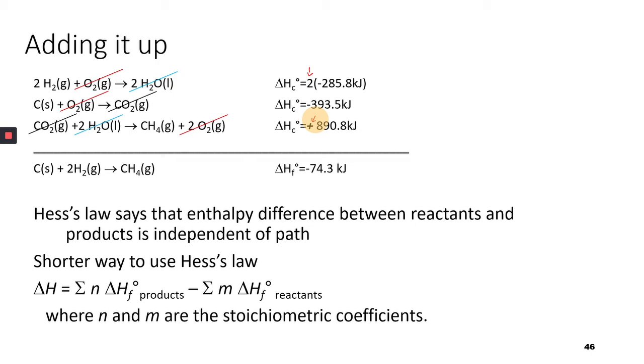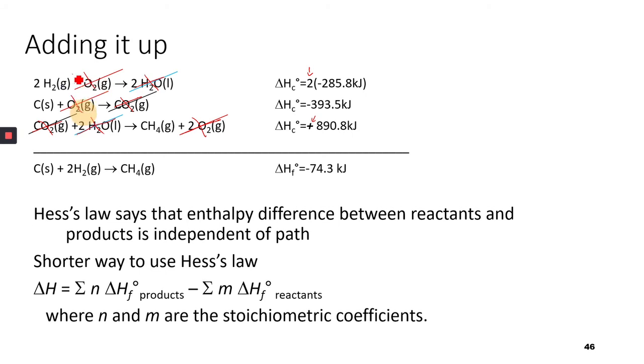Now you're going to cross out the elements that appear opposite of each other. Take your 2 waters. You have 2 waters on the right and 2 waters on the left, so they go bye-bye. You have a carbon dioxide on the left and 1 on the right, so they can go away. Here you have 2 oxygens, and you have 2 oxygens over here.